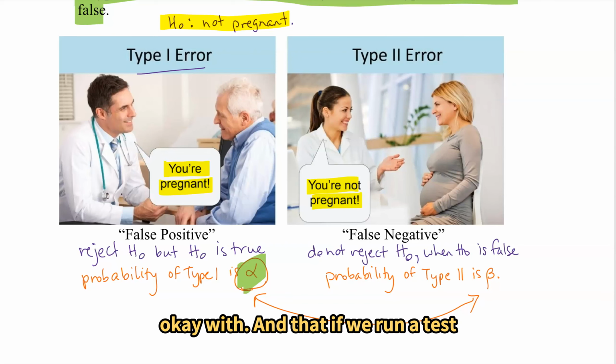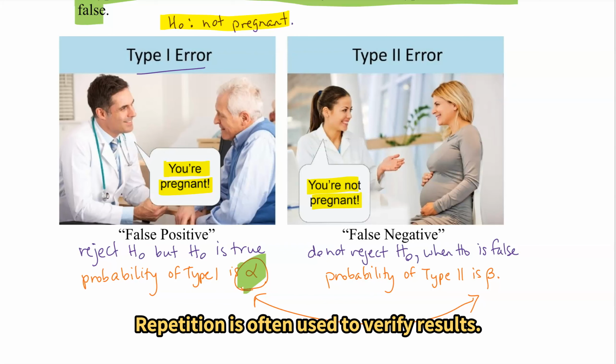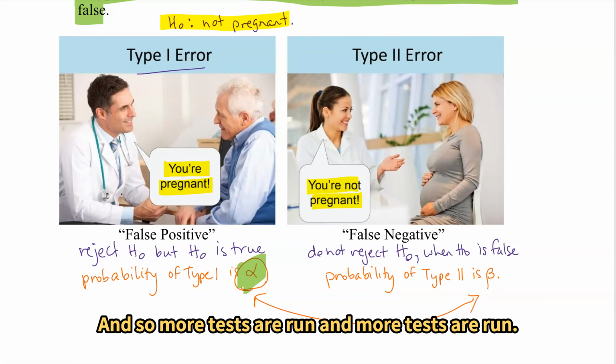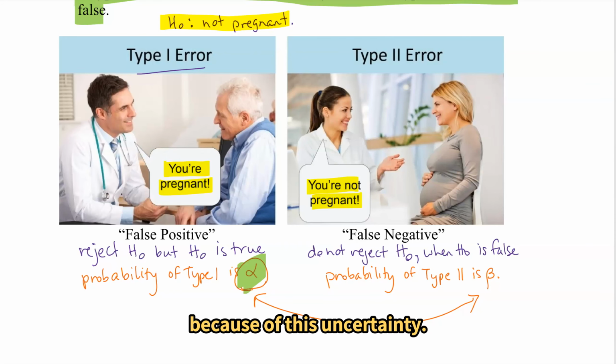If we run a test with a completely different sample, we can get a completely different conclusion. Repetition is often used to verify results, but sometimes that repetition doesn't verify them, and so more tests are run and more tests are run. There's a lot of verification going on in data science because of this uncertainty.